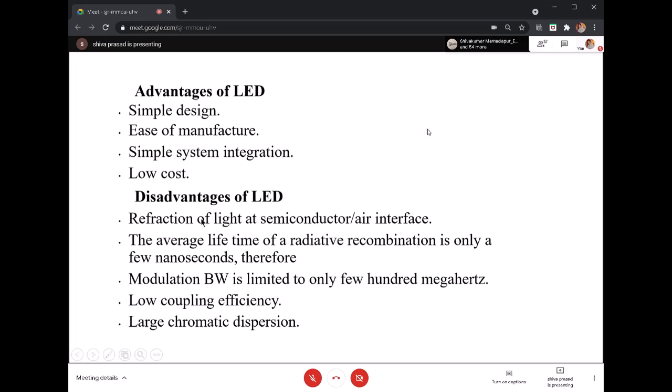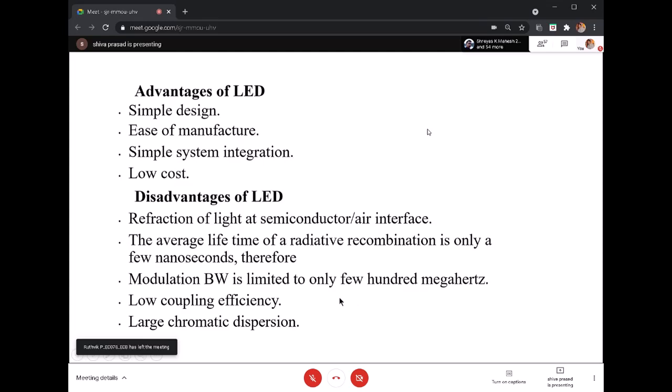There is refraction of light at the semiconductor-air interface. The average lifetime of a radiative recombination is only a few seconds. Therefore, modulation bandwidth is limited to only 100 megahertz.